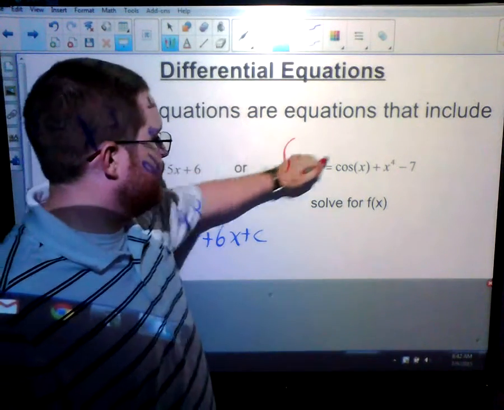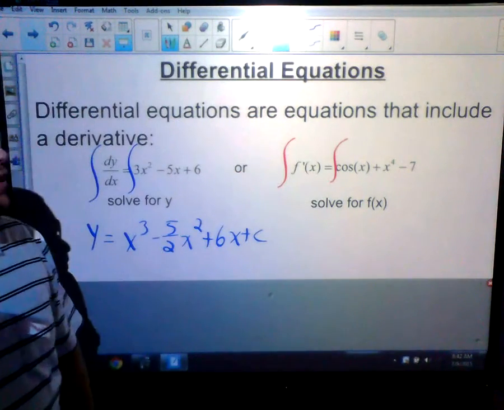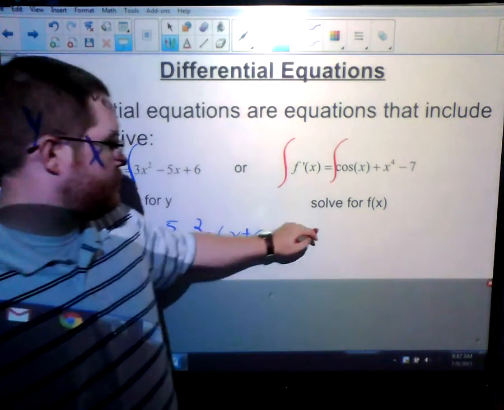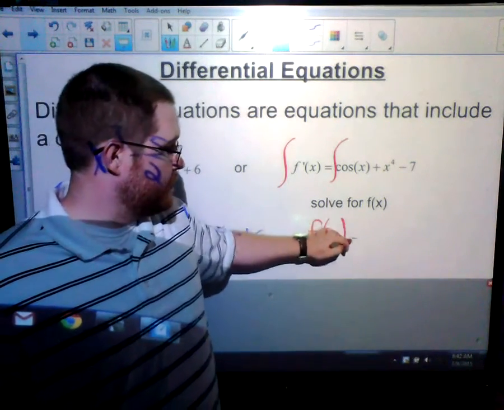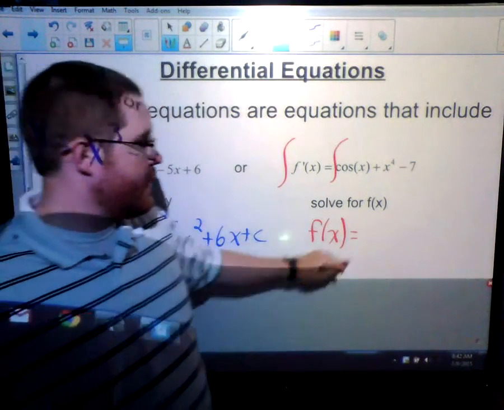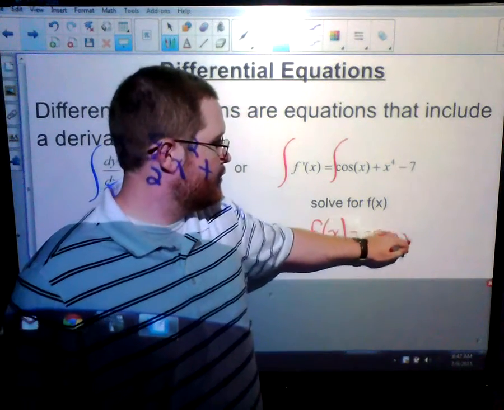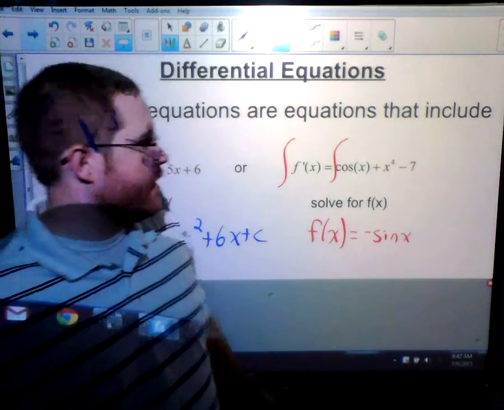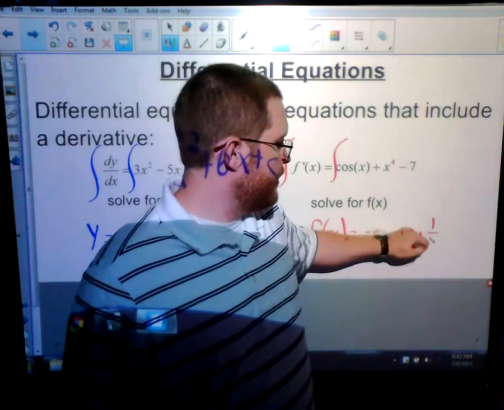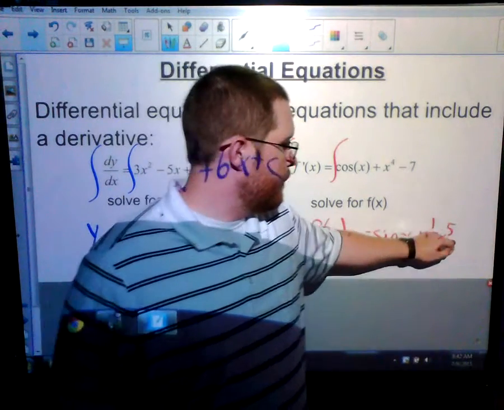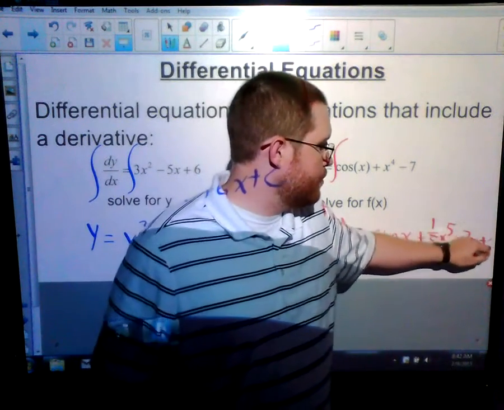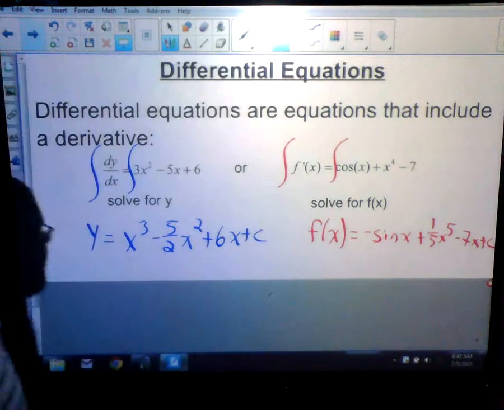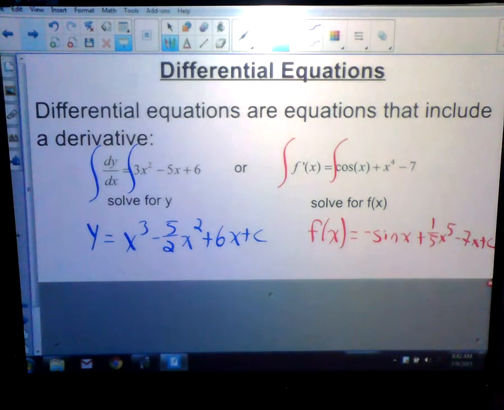So I'm still going to integrate both sides. What's the integral of f prime of x? F of x. What's the derivative of cosine? Negative sine x. What's the antiderivative of x to the fourth? It's 1/5 x to the fifth minus 7x plus c. Sorry, I ran out of room. So those are differential equations. Take the antiderivative or the integral on both sides.